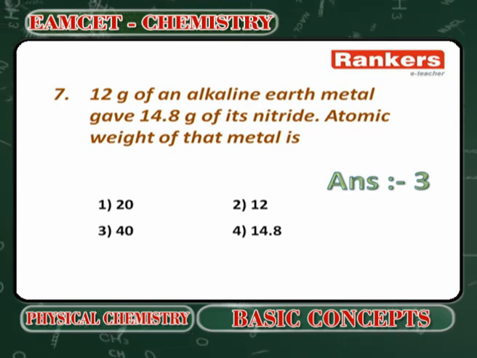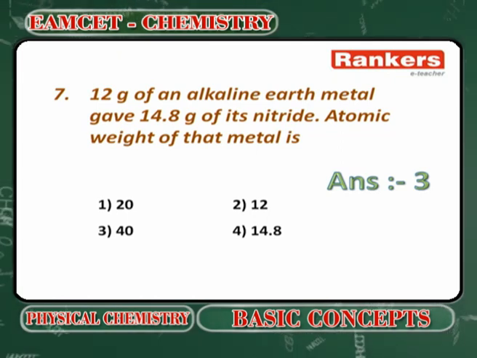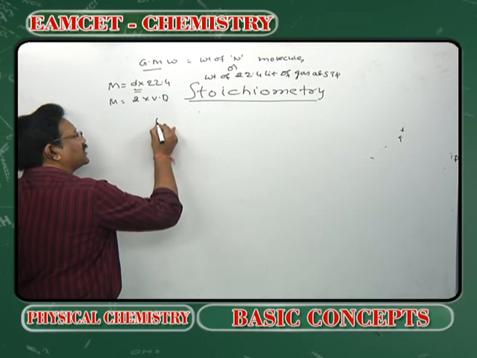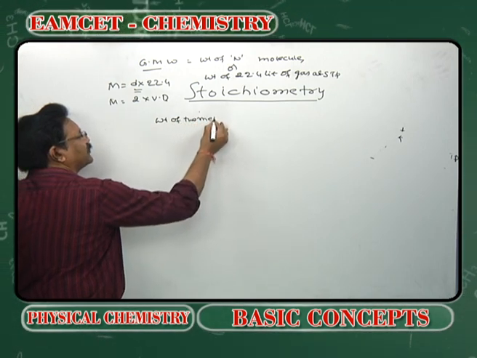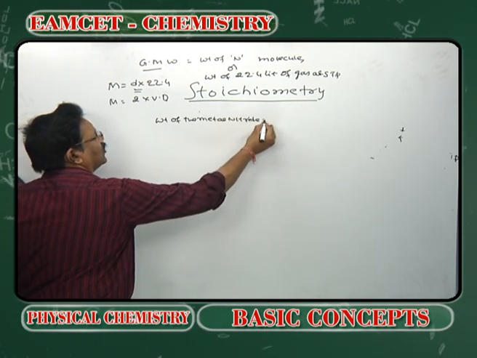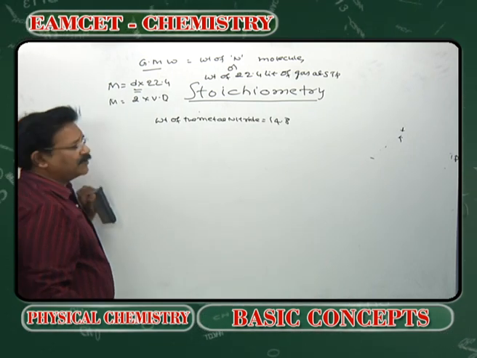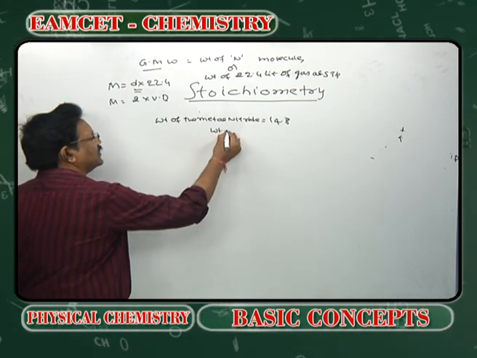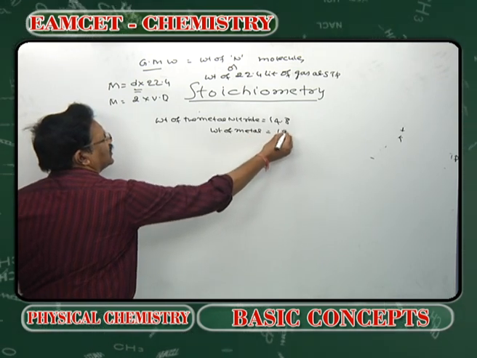12 grams of an alkaline earth metal gave 14.8 grams of its nitride. Atomic weight of that metal is? Weight of the metal nitride is 14.8, and weight of the metal is 12 grams.